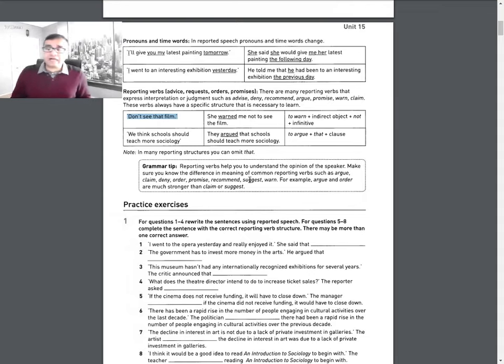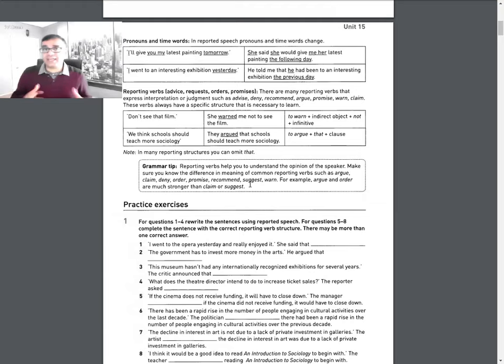By the way, I'll give you some grammar tips here. Reporting verbs help you to understand the opinion of the speaker. Make sure you differentiate the meaning of common reporting verbs such as argue, claim, and promise. Remember, the meanings of reporting verbs give you alternative meanings. For example, when I say he said that, I don't understand whether he was angry about it or not, I just report what happened.